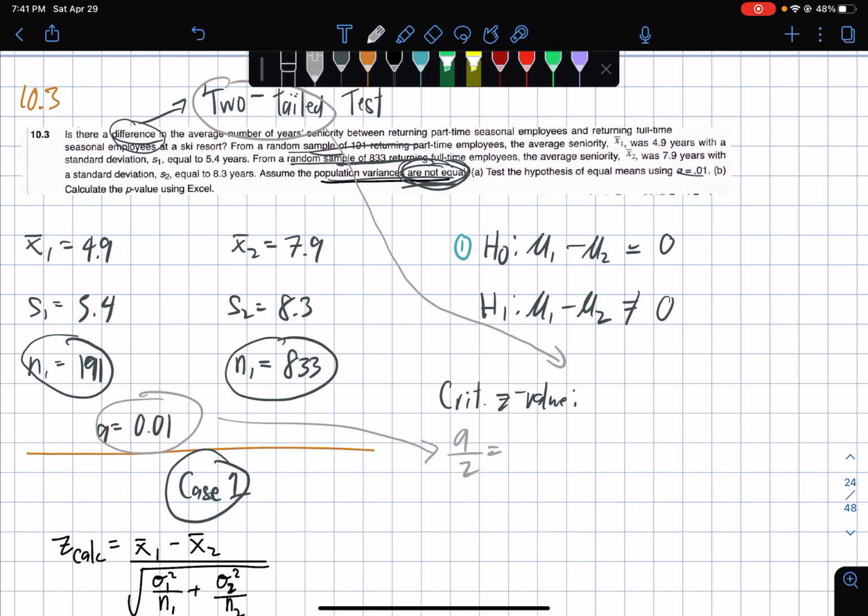So 0.01 divided by 2 is equal to, wait, let me get my other scientific calculator. We have 0.005. So 0.005.